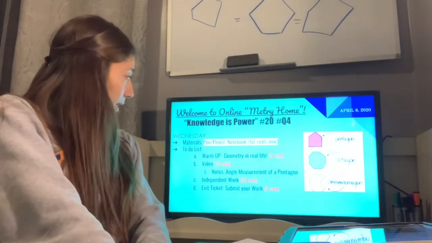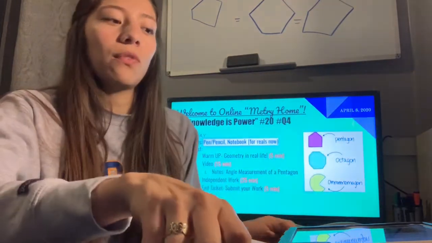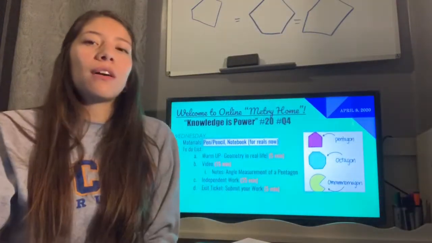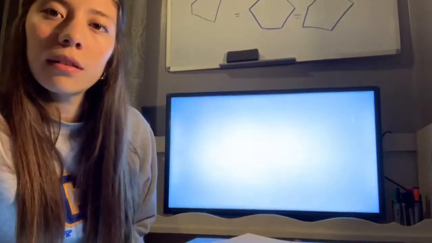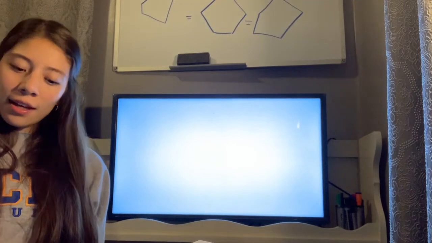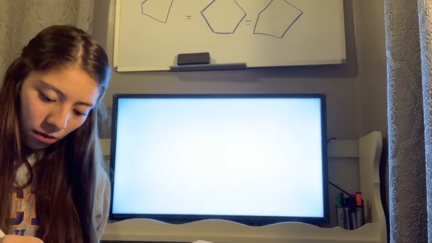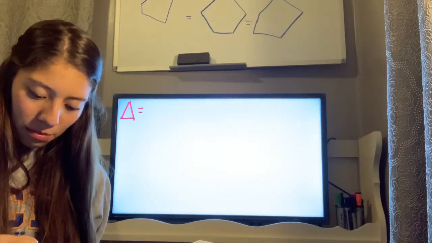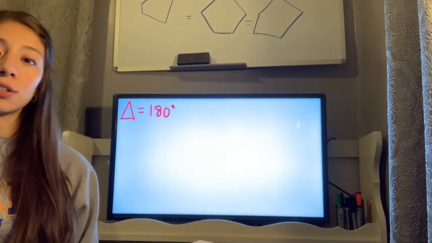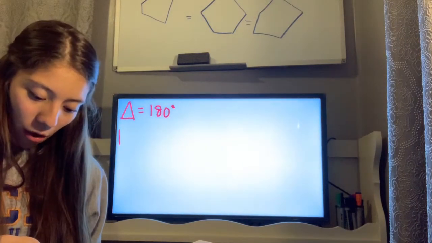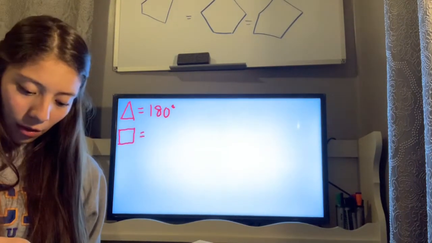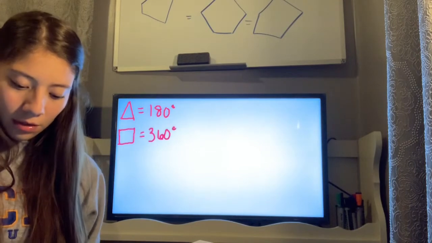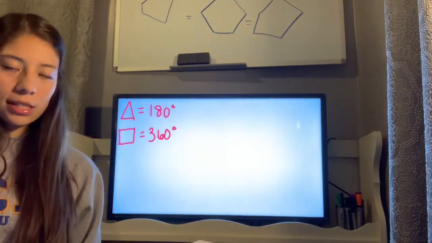All right, guys, let's go ahead and get started with trying to figure out how we find the angle measurement of a pentagon. Let me see if I can fix this a little bit better. Okay, so yesterday we reviewed that the total angle measurement of a triangle is 180 degrees. Yesterday we also figured out that a square or any quadrilateral total measurement is 360 degrees.